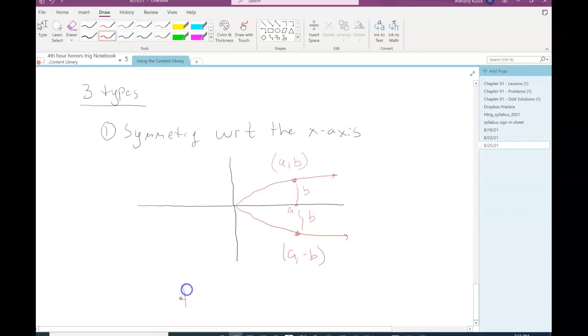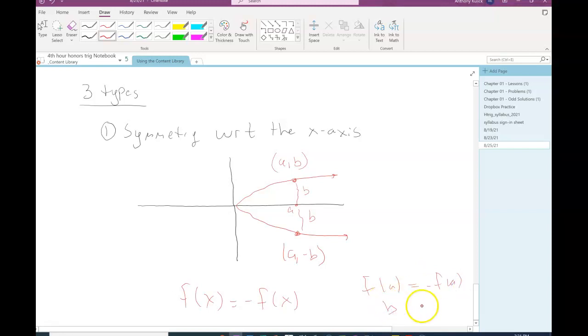What this is really saying is that the point (x, y) being on the graph means (x, negative y) is too.